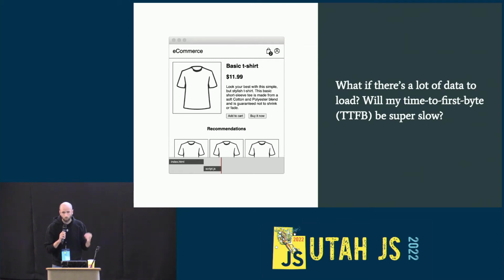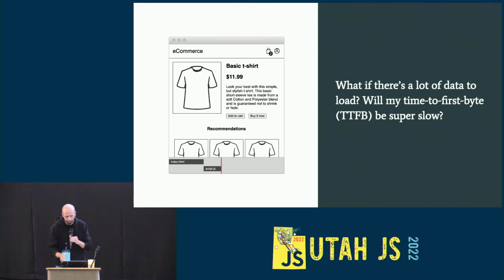In actuality, naive server rendering is going to make your app slower on time to first byte, because you have to fetch all that data before you can even start rendering index.html at all. So here's a potential trade-off. Sure, you might show something meaningful to the user sooner, but you're not going to show anything to the user for a longer period of time.